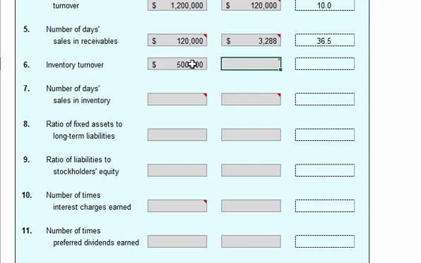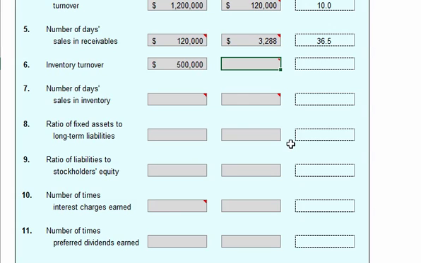And then we're going to divide by average inventory. The way we'll take the average, again, you guys, is we'll take the amount at the beginning of the year, or the amount at the end of 2015, and add that to the amount at the end of 2016. Add the two numbers together and divide by 2 to get the average.